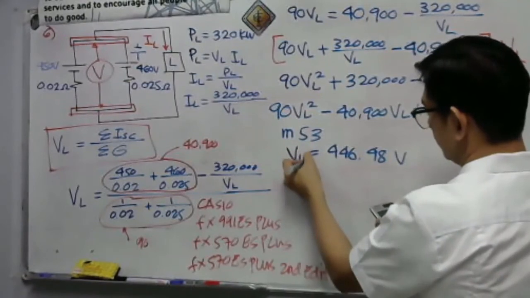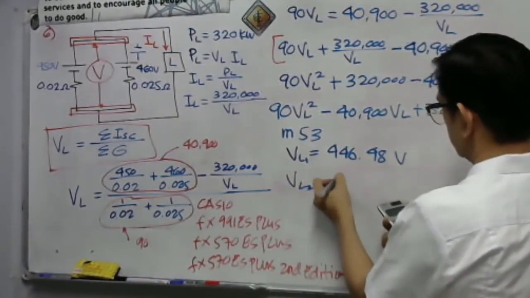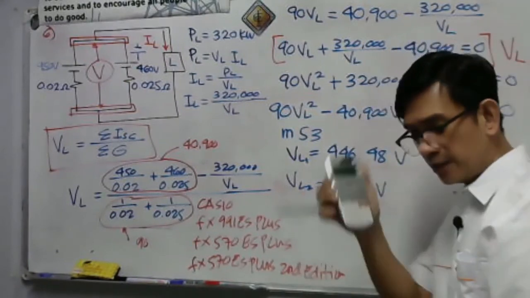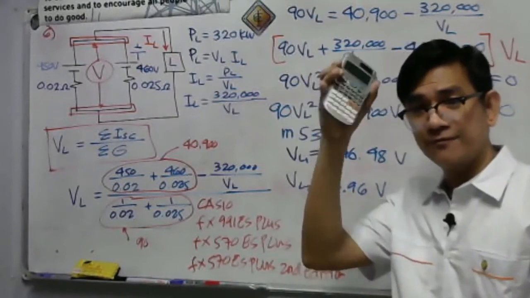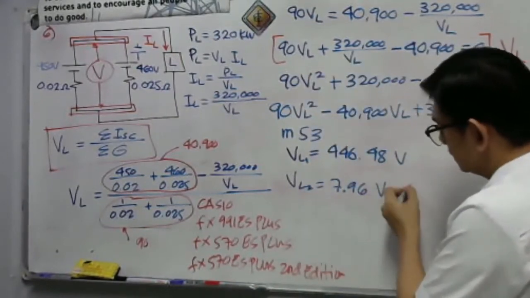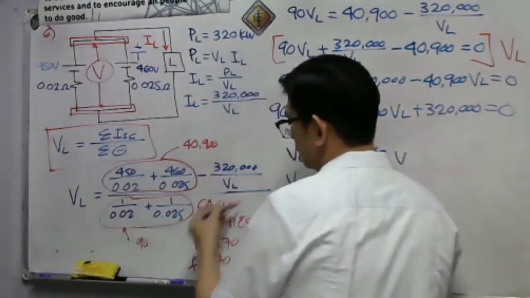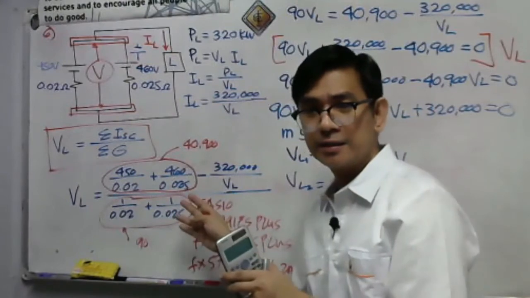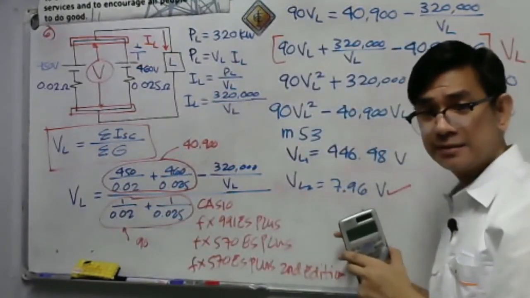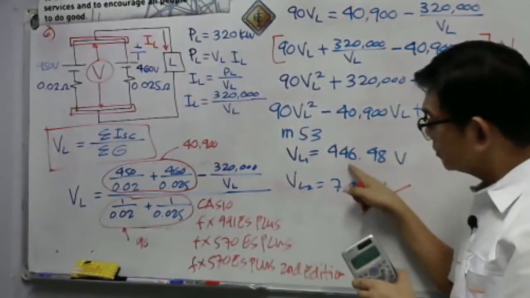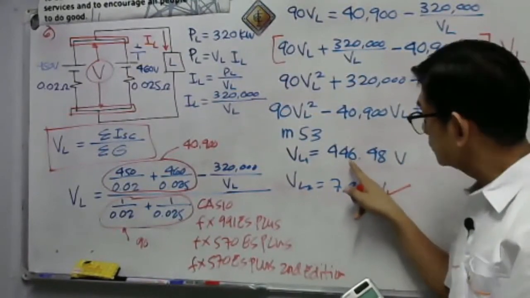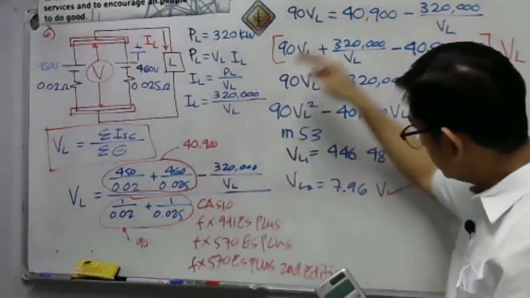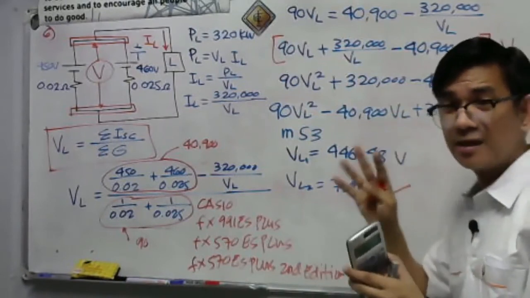We have another value here for the next, VL2, 7.96 volts. Actually, if you are going to use our calculator directly using the shift solve function, this will be the answer. If we stop here, then use equals once we input the equation, it gives 7.96. The calculator will not show you this 446.48. If we expand this, this is actually a quadratic equation.